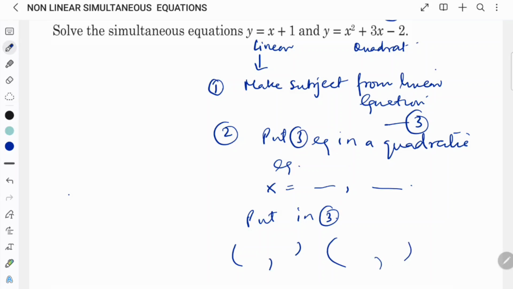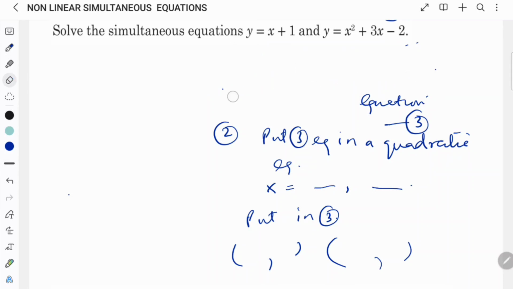So from the linear equation you make the subject, then put that third equation into the quadratic equation, and you will get the value of one variable. There can be two answers. Put those two answers one by one in the third equation which you made the subject, and then you get the answer. Follow the steps, you will not have any problem then.